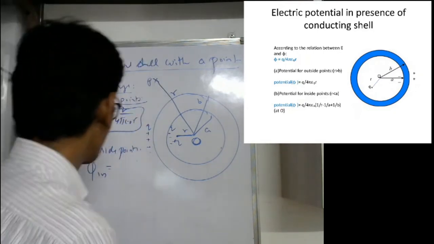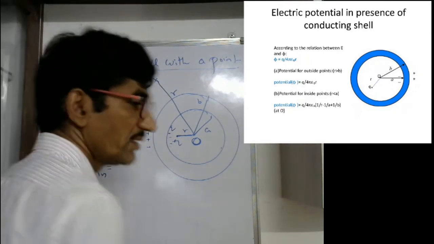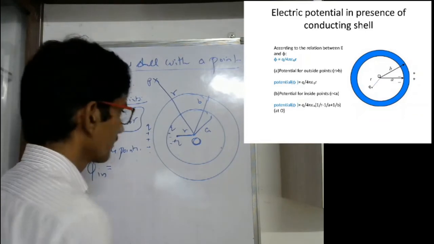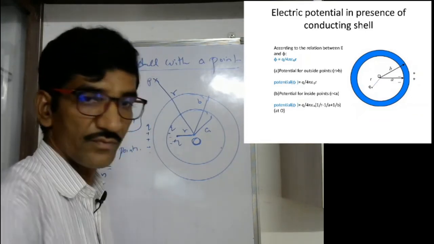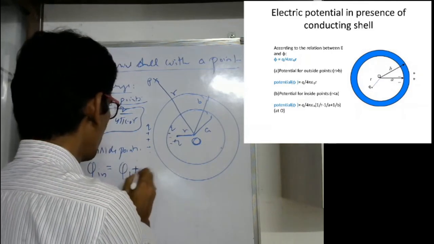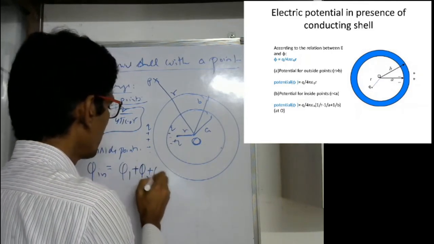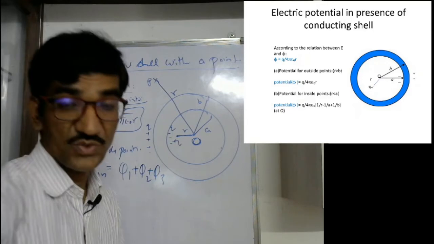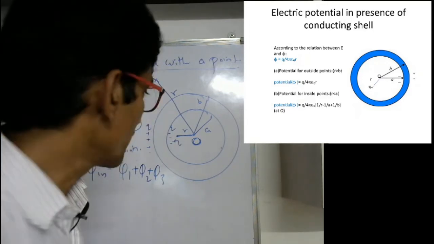Phi in is equal to phi 1 plus phi 2 plus phi 3. Three charges are there. Two are induced charges, one is the original charge.